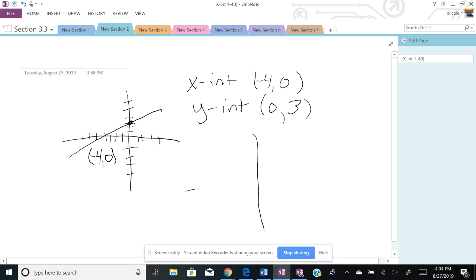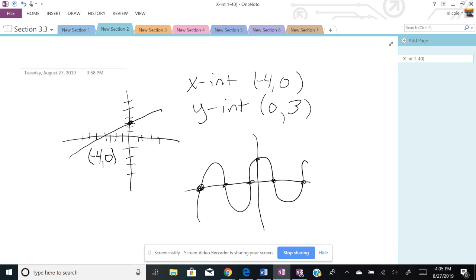Now, I could make a crazy graph, and I would have an intercept here, here, here, here, here, here. And I might have to state all of them. There is a problem that does something kind of crazy, and you have to state all the intercepts with commas.